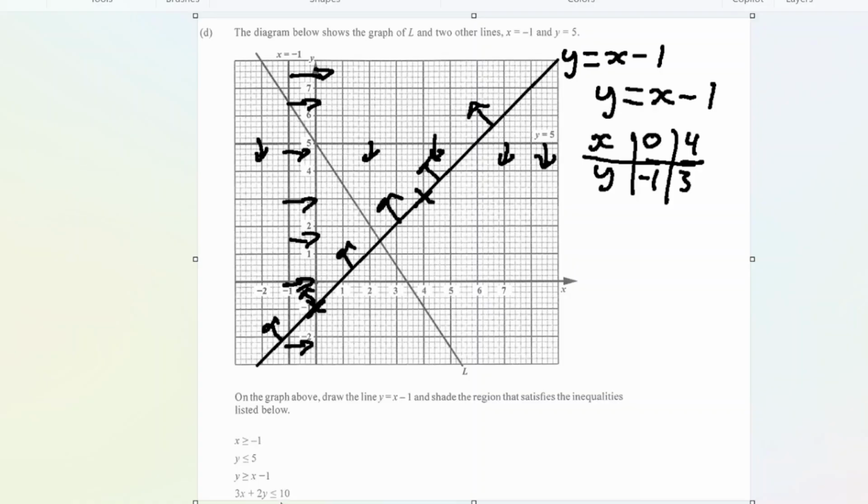And then the last one is 3x plus 2y is less than or equal to 10. That is this line L, right? Is less than, so we go down. Right, and they said to do what? To shade the region. So therefore, we could clearly see all the arrows forming along this part of this triangle here, right? So we shade in here.